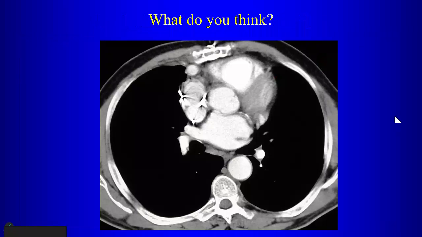Okay. So, axial image from a CT scan. Anybody see anything wrong here? Dilated saphenous vein graft. So this guy is what? Left atrium.